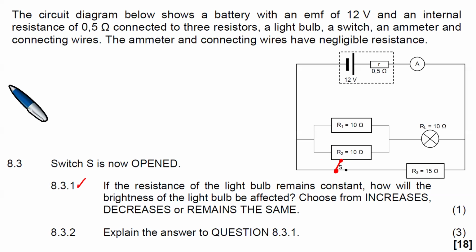The resistance of the light bulb remains constant. How will the brightness of the light bulb be affected? Choose from increases, decreases, or remains the same if the switch S is opened.